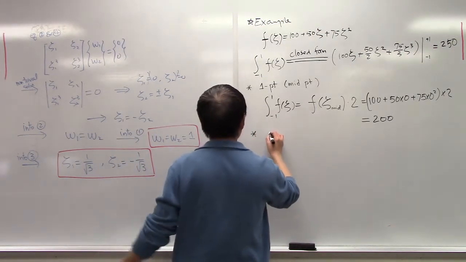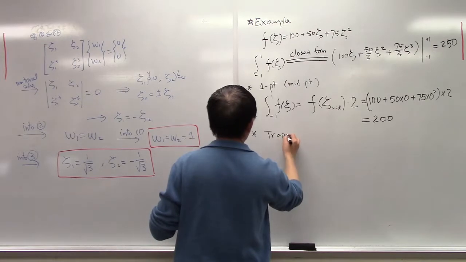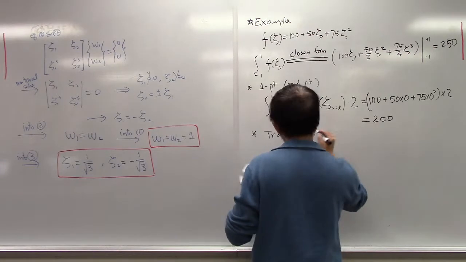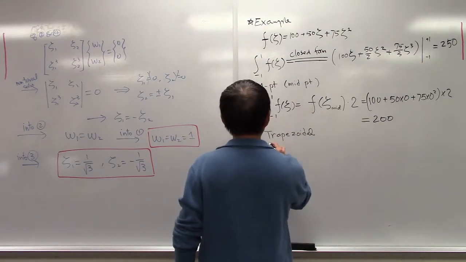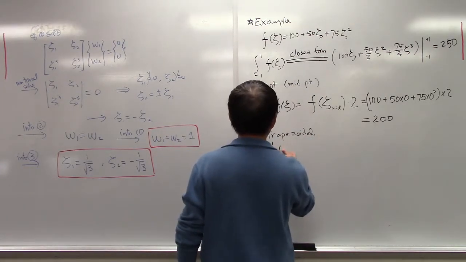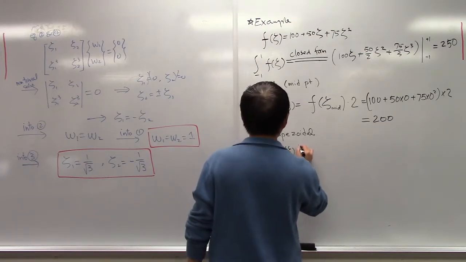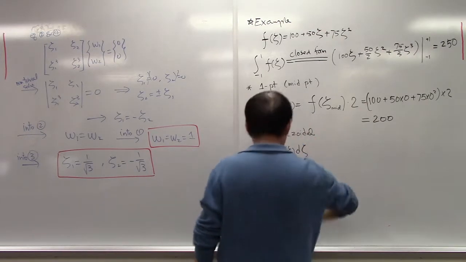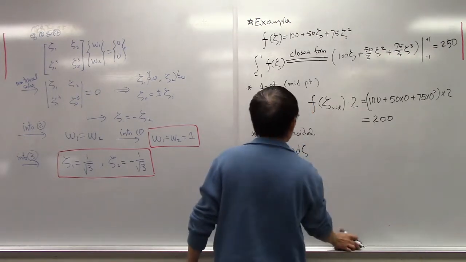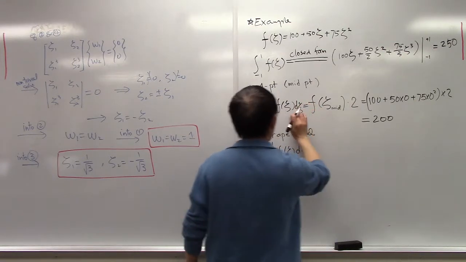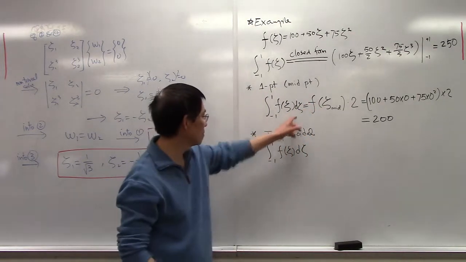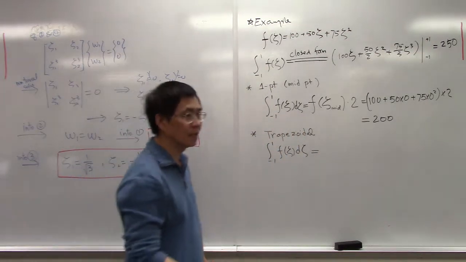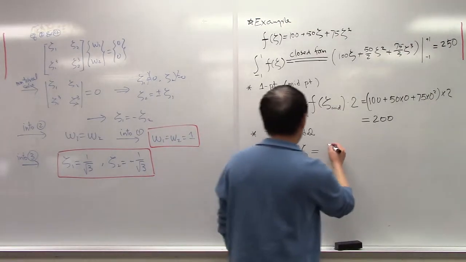Now, if we use the trapezoidal formula, which is a 2-point formula, so it's the integral from -1 to 1 of f theta d theta. Yeah, here I should write d theta. Sorry for that. The trapezoidal formula says pick the left point and the right point.